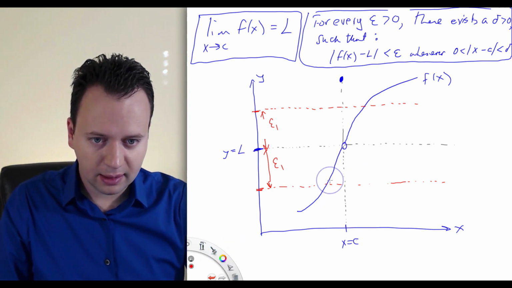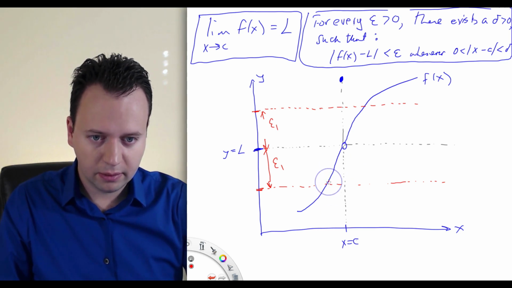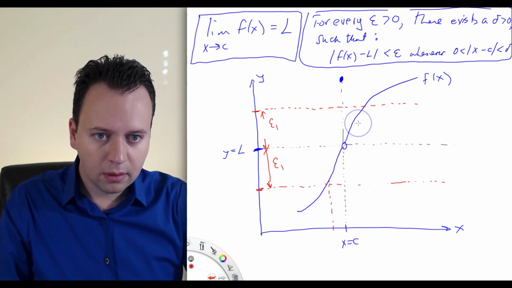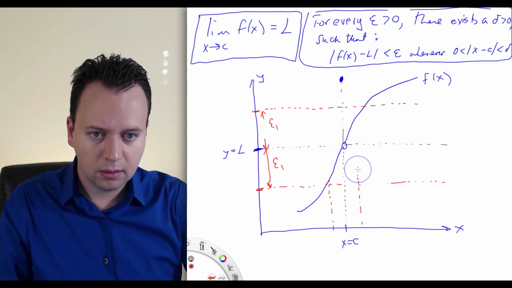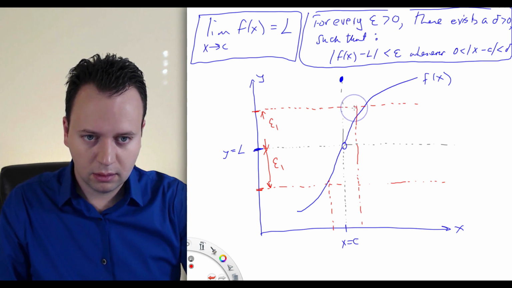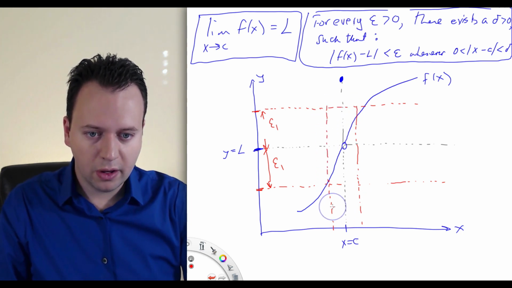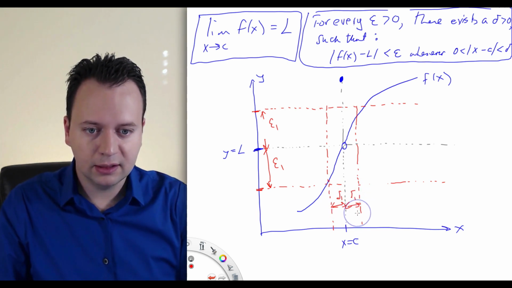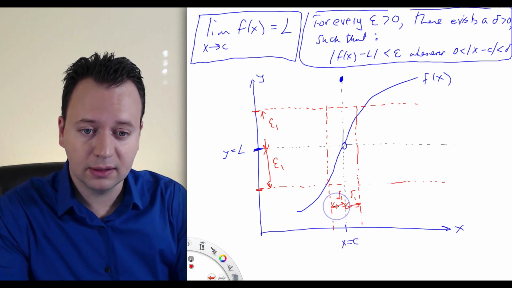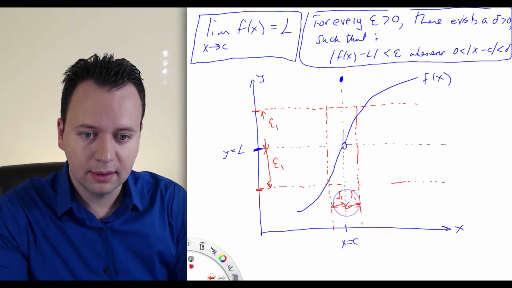And so you can kind of visually see this. Okay, well, let's make delta approximately maybe out to here. This length, this length. So there is the delta. So this is delta 1. So as long as the distance between x and c is less than delta 1, right?